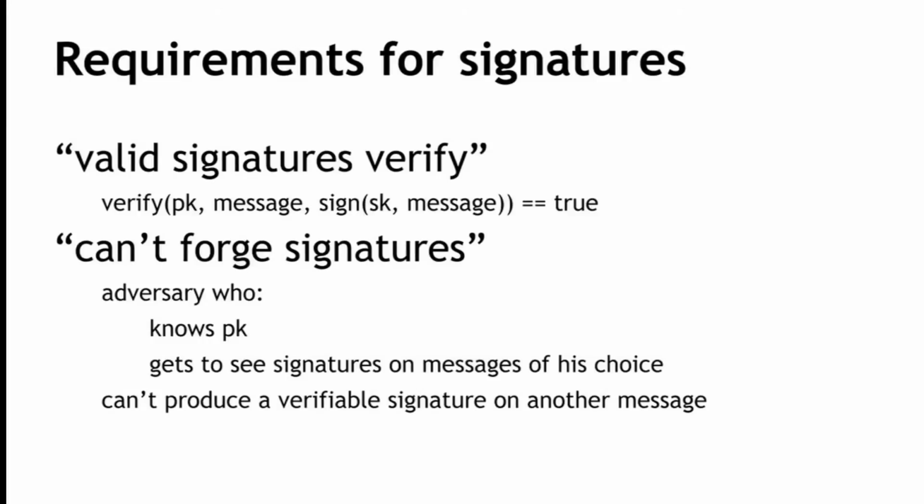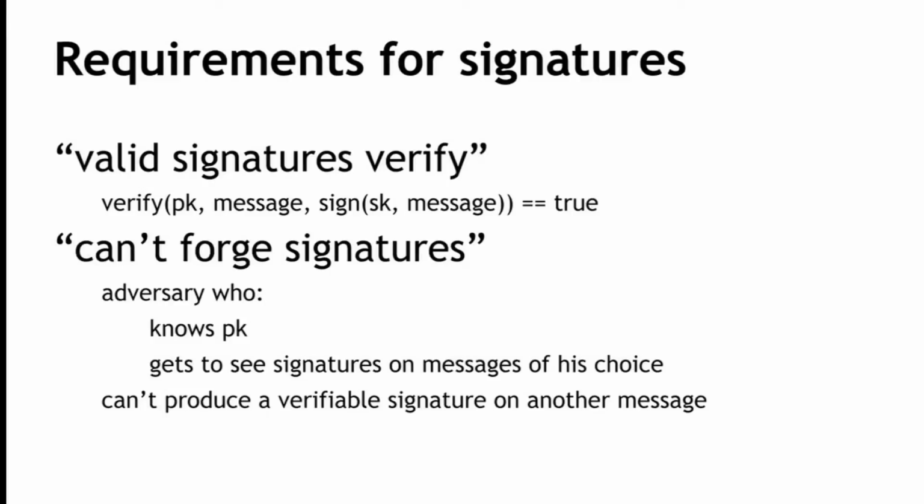So the requirements for signatures, at a slightly more technical level, are the following two. First of all, valid signatures will verify. That is, if I sign a message with SK, my secret key, and someone later tries to validate that using my public key and the same message, it will validate correctly.